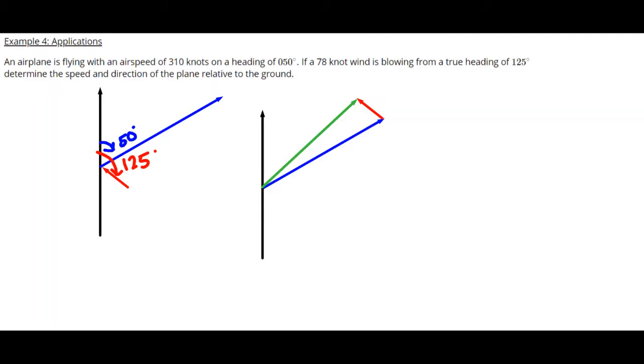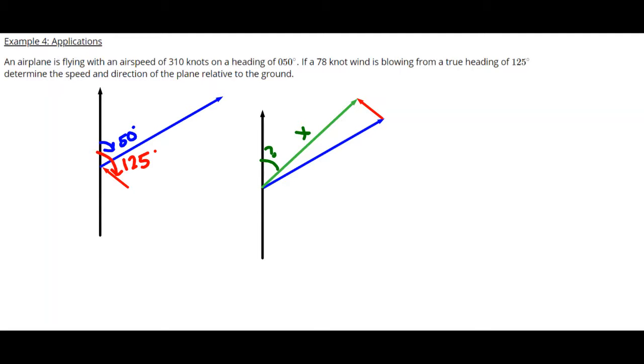What we want to find is this green angle right here, and this magnitude here. Let's call it x. This is perfect because we have some formulas for non-right triangles. Remember, we learned law of sines and law of cosines. We can apply them here to find these missing values.